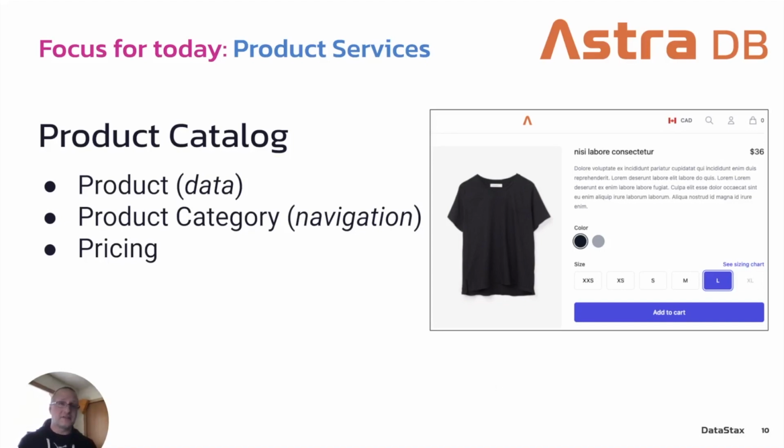First of all is the product data service, which has all of the details about each of the products. Next is the product category navigation service, because all products are inside of a hierarchy of categories that gets built out, that ultimately we can navigate through. And each product, of course, has a price, so we will need a pricing service to handle that as well.